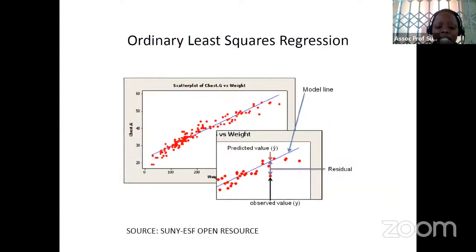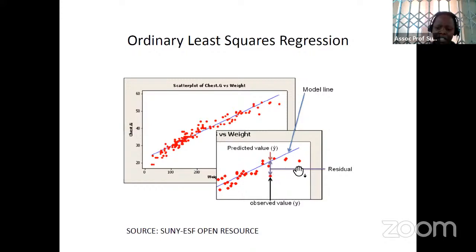So here is a data set which I obtained from an open source called SUNY ESF. We find that the blue line is the model line, or the fitted line, or the regression line. The red points are the observed values. And if we stretch out one point, you will see in your diagram that from the blue line to this red point, the observed value, there is a difference.